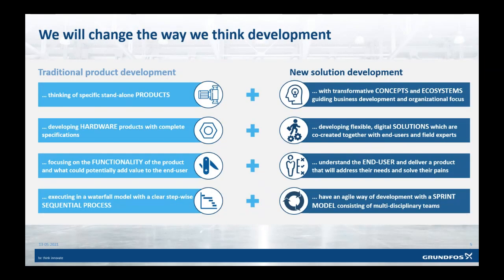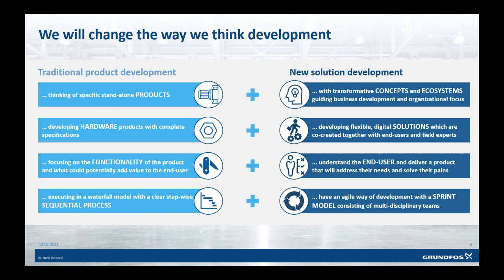To do that, we will need to change the way we think about development. Where traditionally we have thought of product development as a pump manufacturer as improving standalone products, that is improving efficiency, for example, in a pump, reducing the power consumption of a pump.